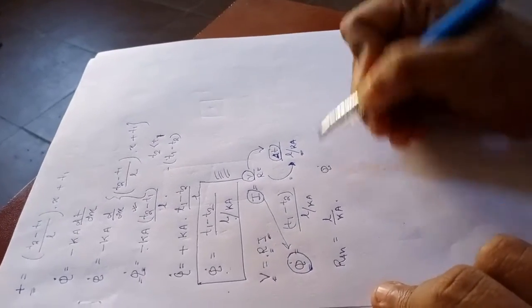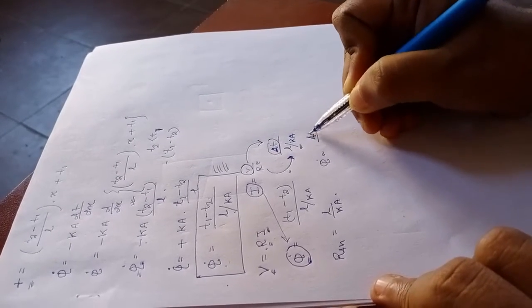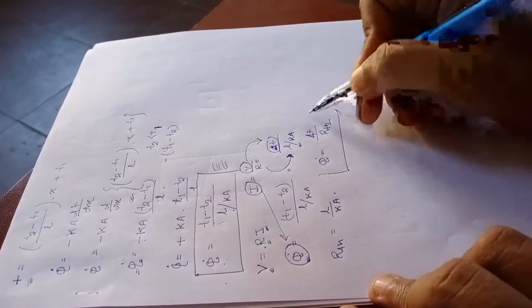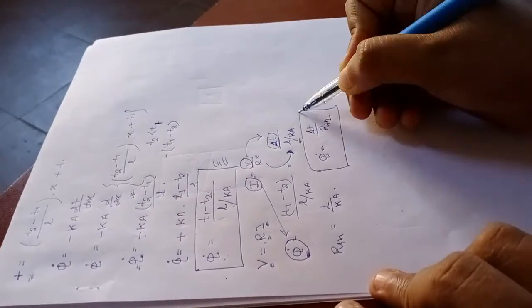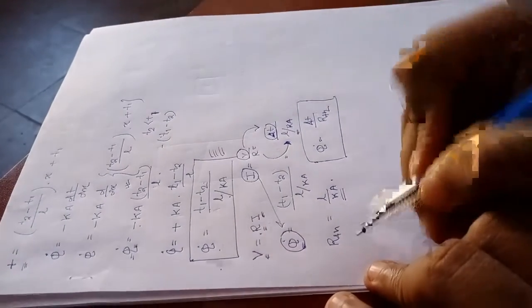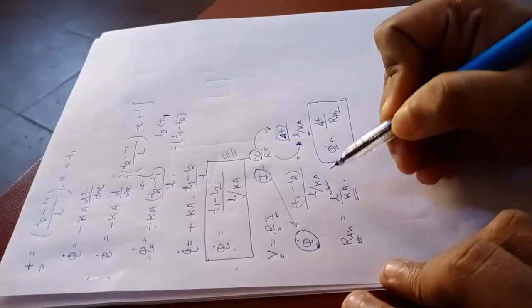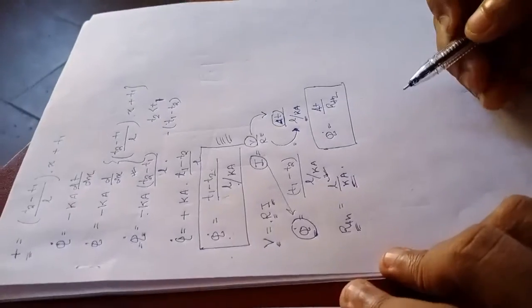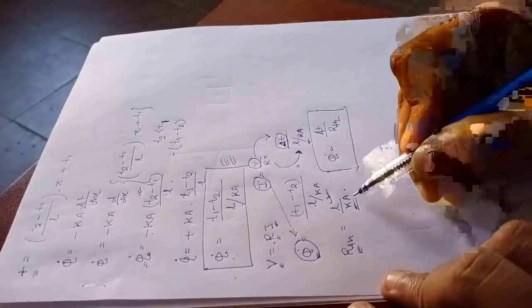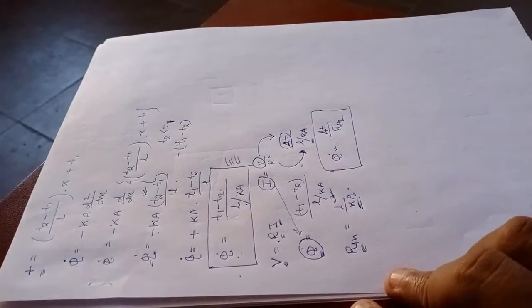KA. So you can say Q dot is equal to del T by RTH, where RTH is the thermal resistance. RTH is nothing but L by KA. Now this thermal resistance is directly proportional to the length, and also depends on the thermal conductivity and the area of the plane wall.